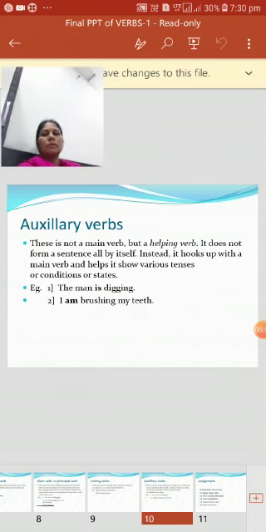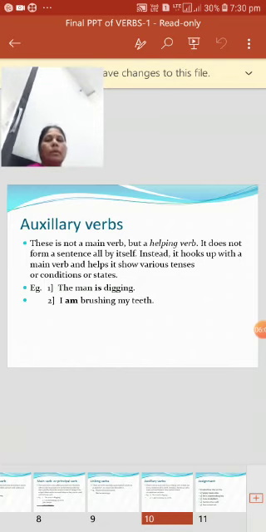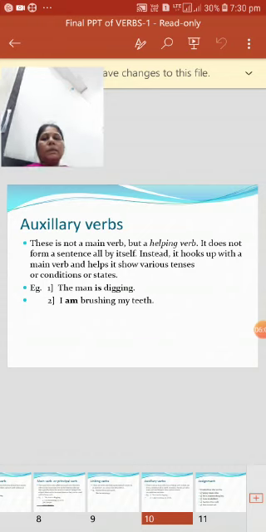Auxiliary verbs. First only I told there are only 4 types. Auxiliary verbs are only the helping verbs to the principal verb. See, first also in principal verb I have given the example of this. The man is digging. In that case it is attached to the subject.